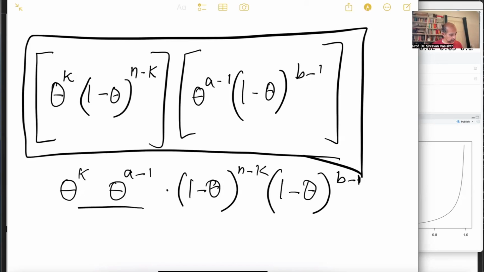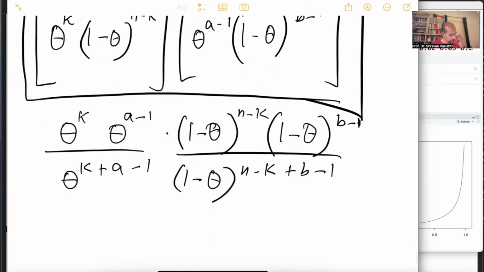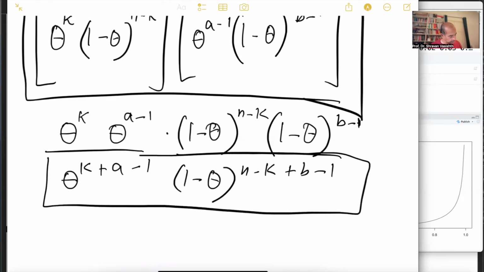Now, once I can simplify this, because this becomes theta to the power of k plus a minus 1. And the next term becomes 1 minus theta to the n minus k plus b minus 1, right? And so if we just look at this result here, this result is again the kernel of a beta distribution, right?